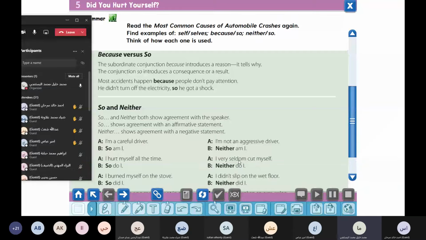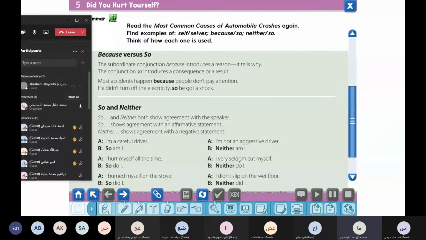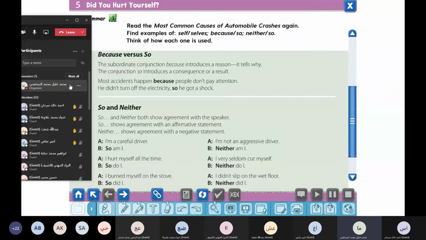Seldom here refers to negative, it means never. So it means negative, so I have to use neither. Do comes from cut, verb one, so we have to use do. If it is verb two, we use did, and so on.